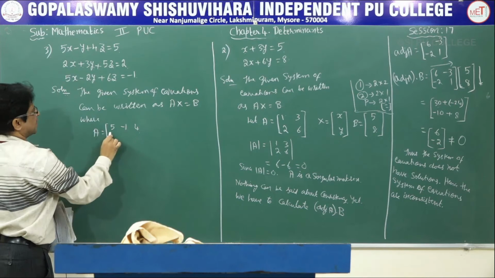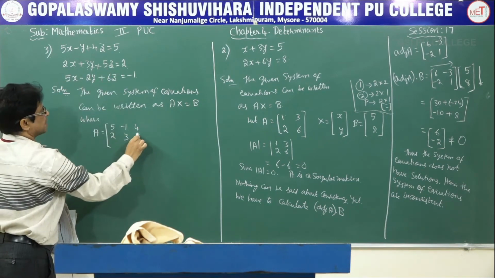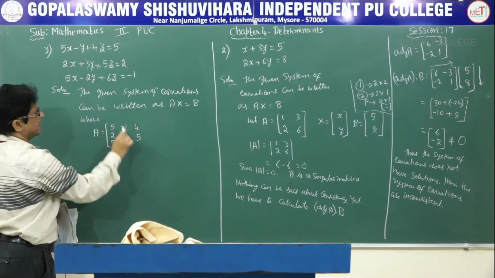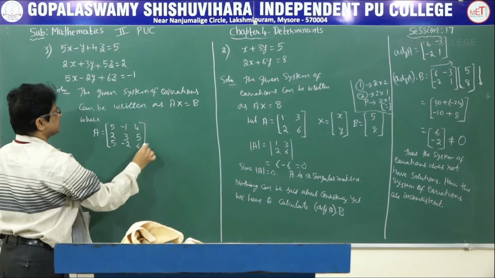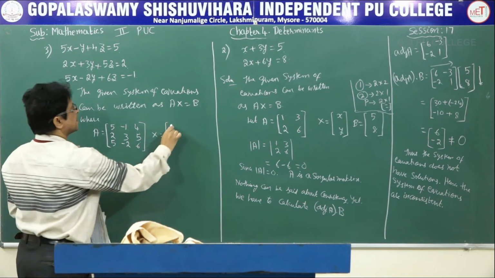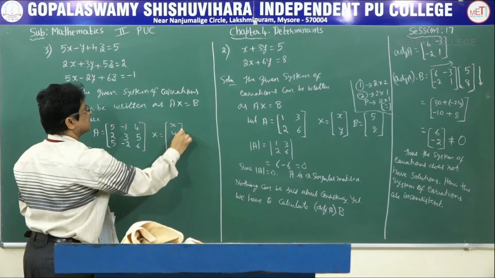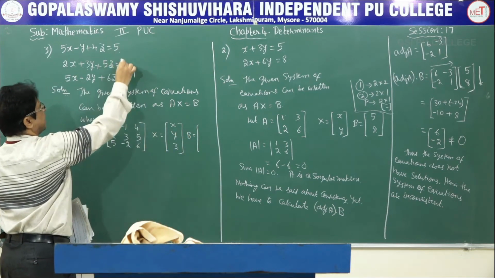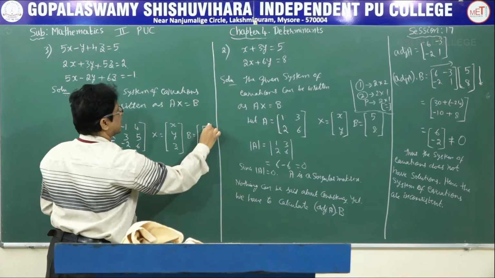Coefficient of x is 2, coefficient of y 3, coefficient of z is 5. Coefficient of x is 5, coefficient of y is minus 2 and coefficient of z is 6. So, x equals the unknown variables. Here there are 3 variables x, y, z, and B is the matrix of constants, that is 5, 2, minus 1.